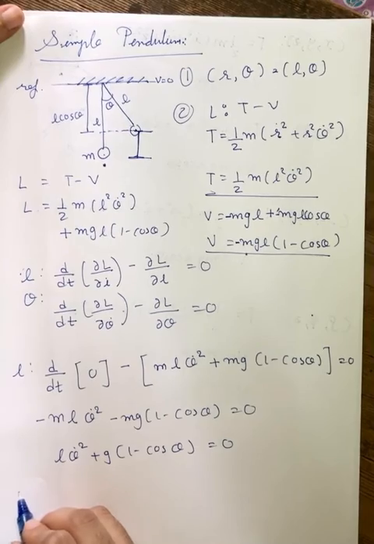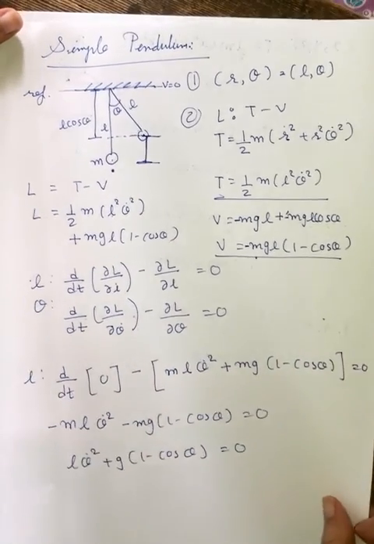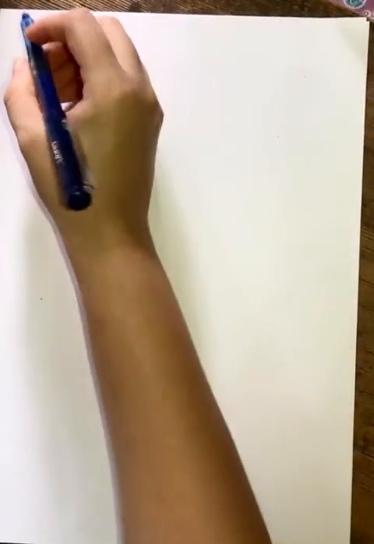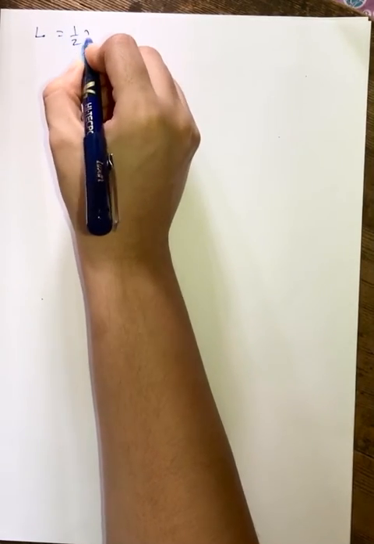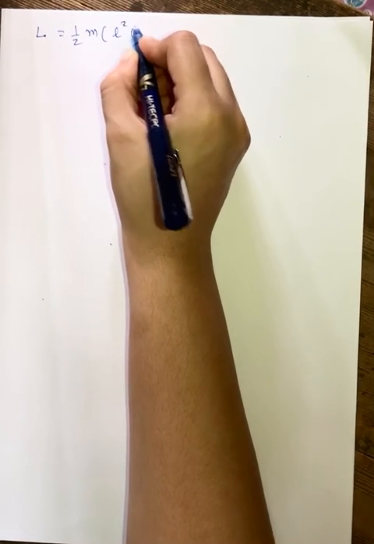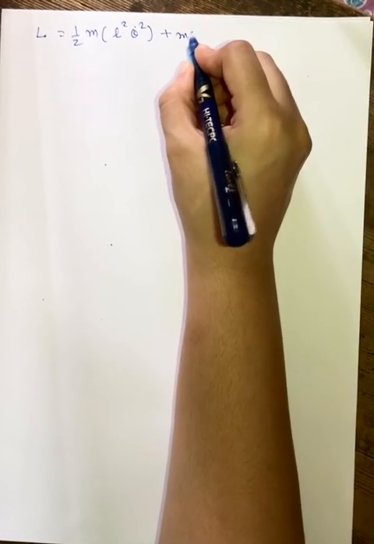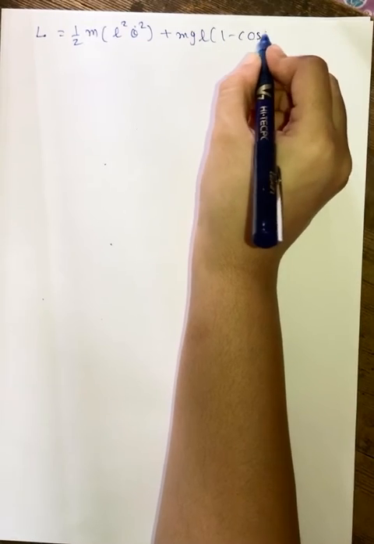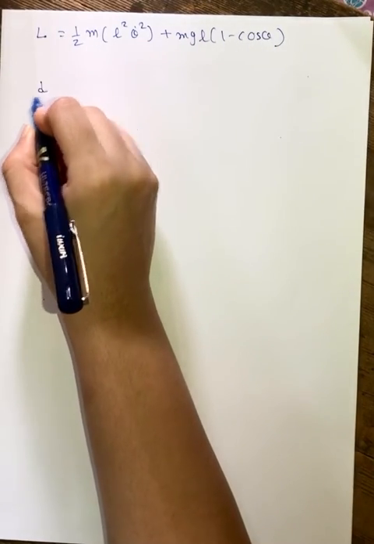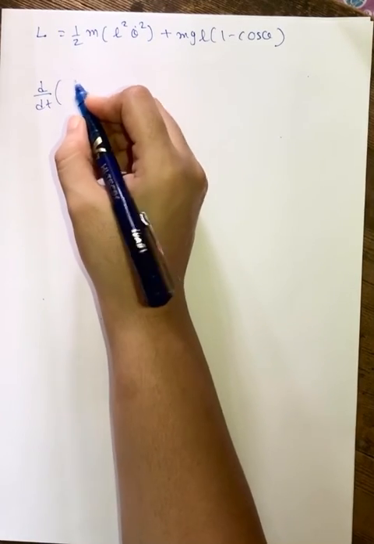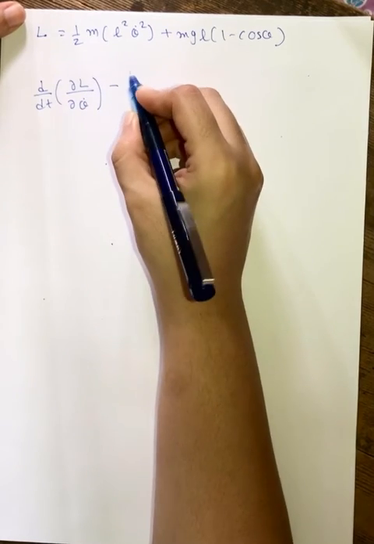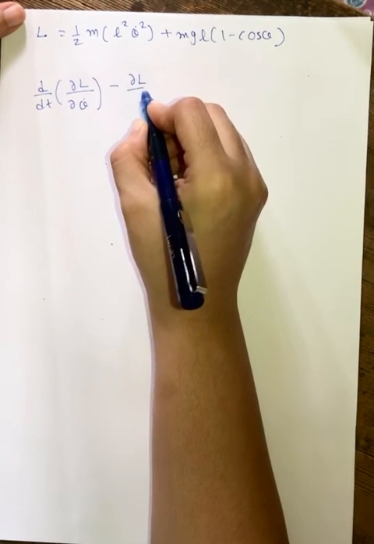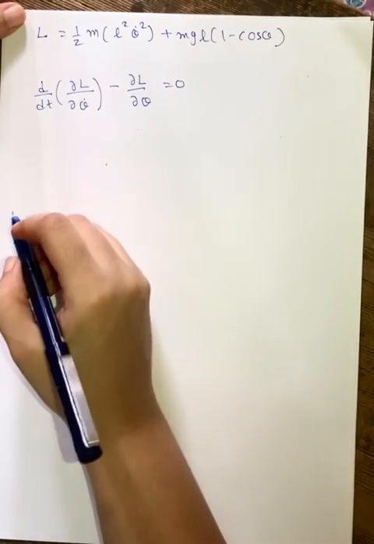Now for the theta case, I will write the Lagrangian once again for you. L is equal to half m L square theta dot square plus mgl (1 minus cos theta), and the equation for theta will be del L by del theta dot minus del L by del theta equals 0.